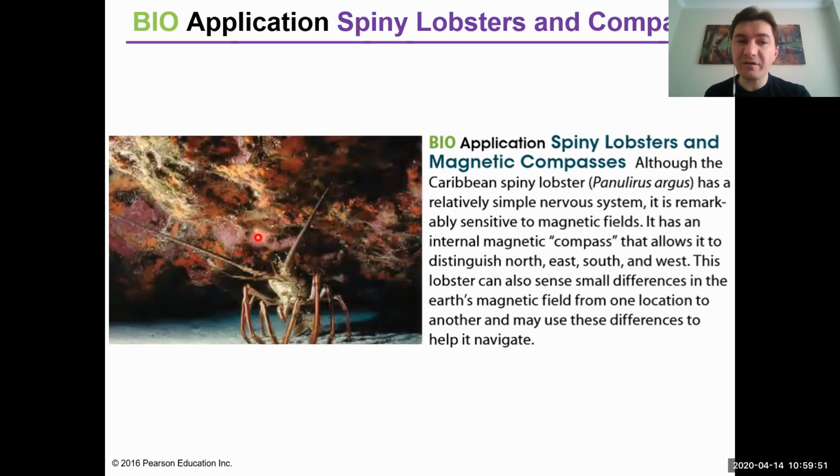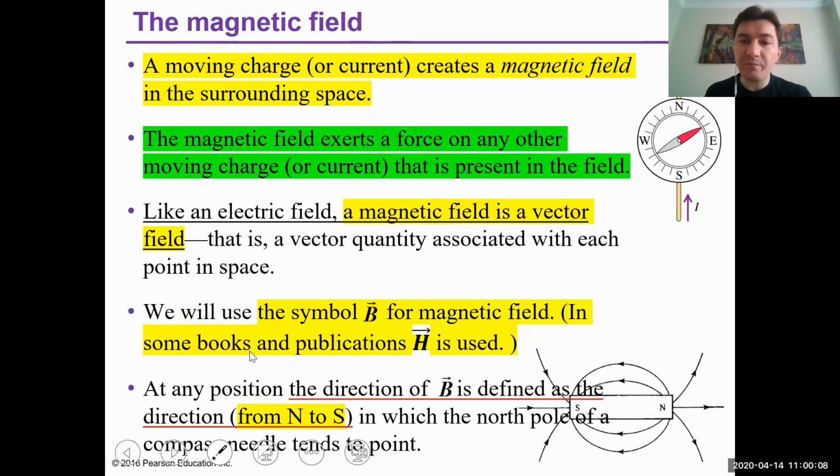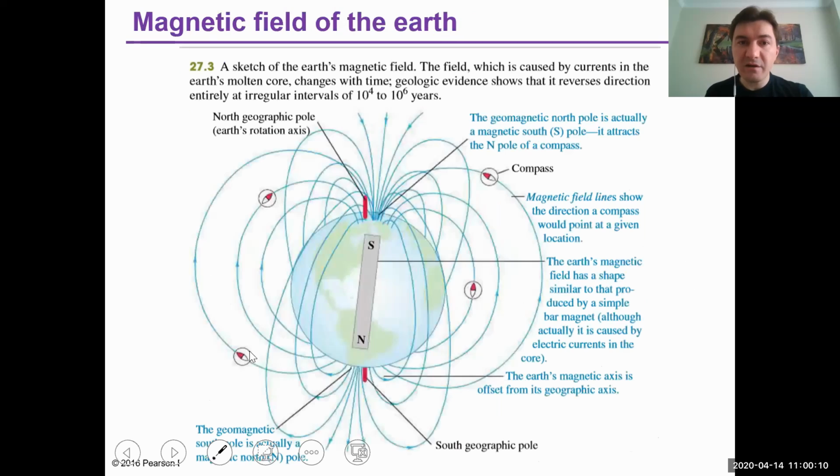Because this creature can detect magnetic fields, this lobster can also sense small differences in Earth's magnetic field from one location to another. So Earth's magnetic field changes. Maybe we will also talk about this. Around the poles, Earth's magnetic field increases, and around the equator, it goes down.